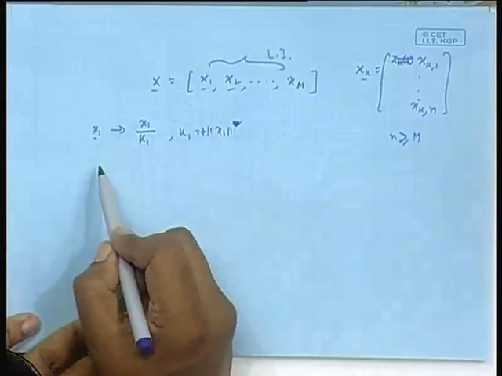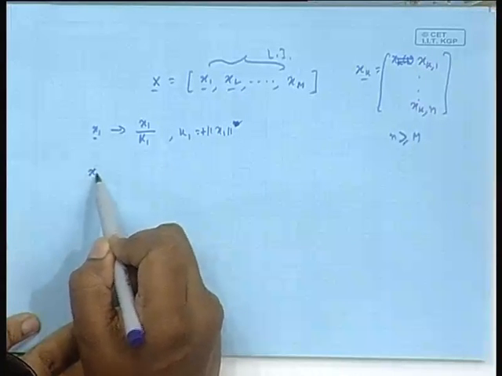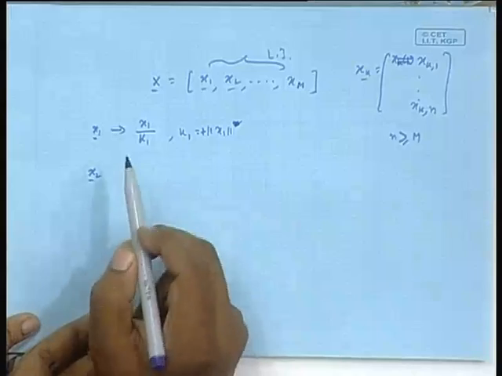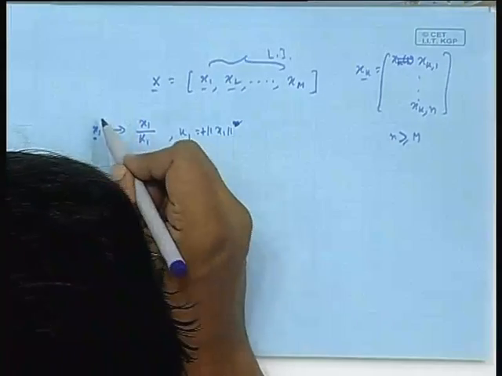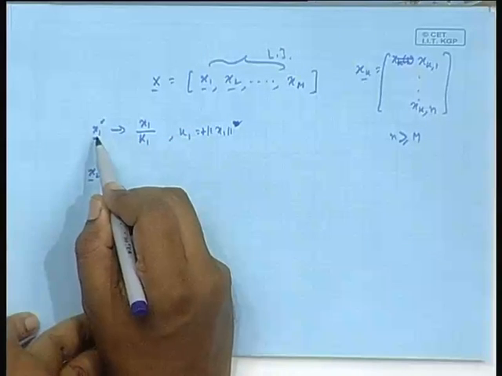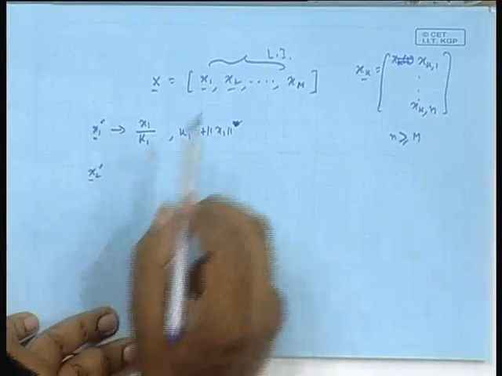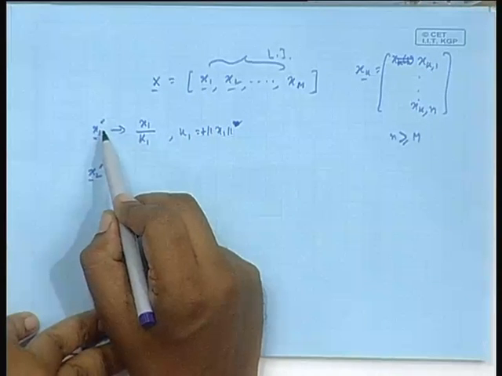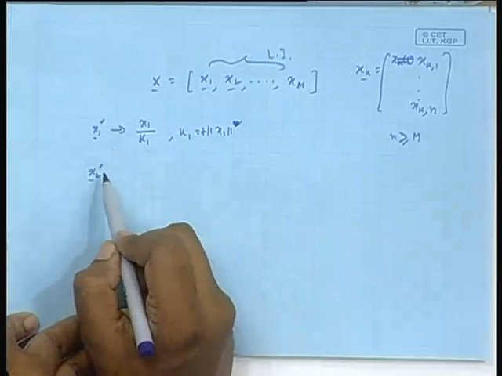So, I should have a prime here. This is a new vector I am developing. It cannot be x 1. X 1 prime. From x 1 I develop the first orthogonal basis vector, which is x 1 prime, of unit norm.